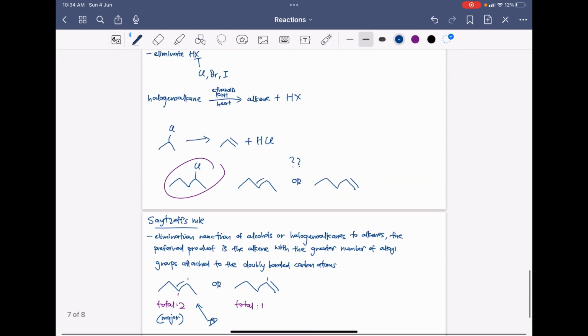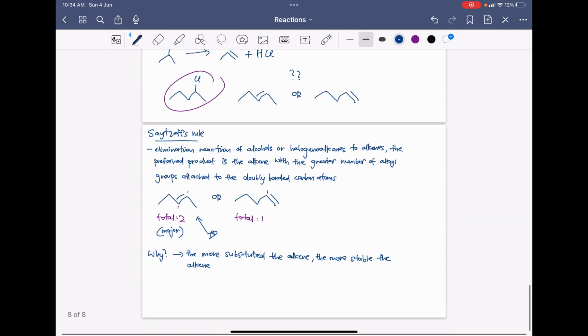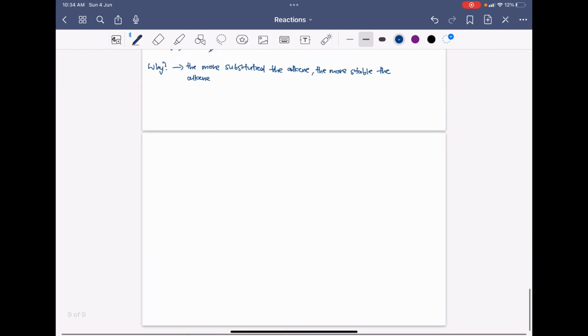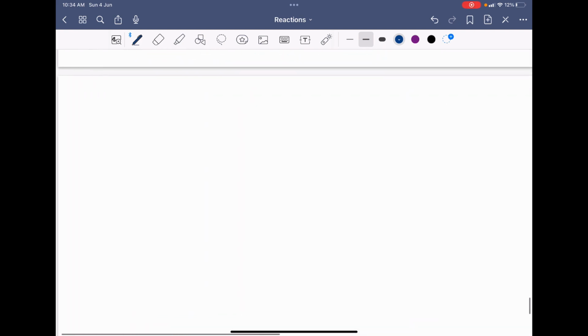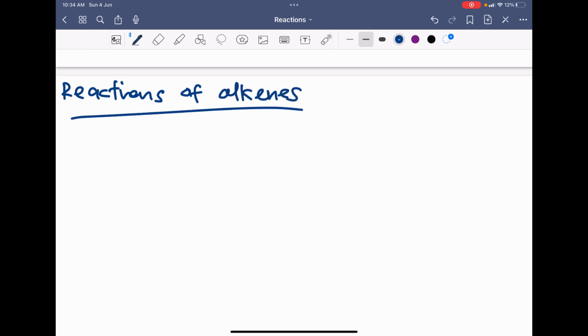So now we've gone through how alkenes are formed. Let's go through how alkenes react. So reactions of alkenes. As we've talked about in the previous video, alkenes undergo electrophilic addition. I'm going to write EA for short here because it's a handful.